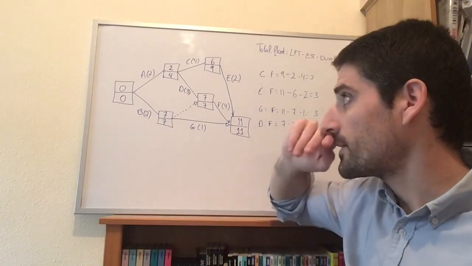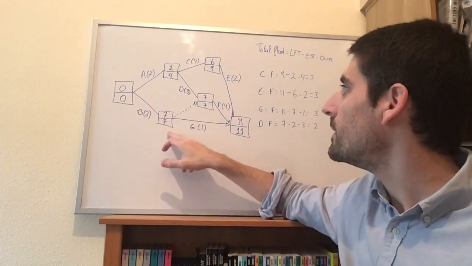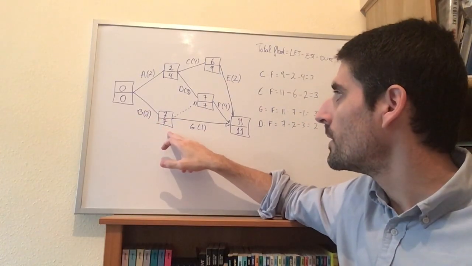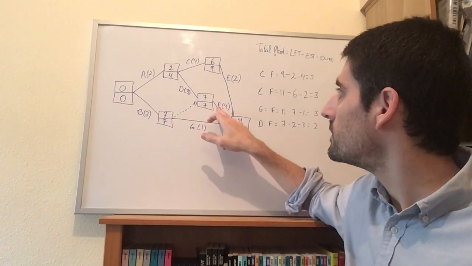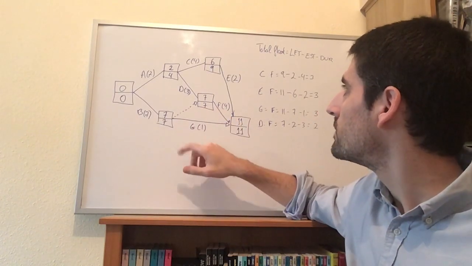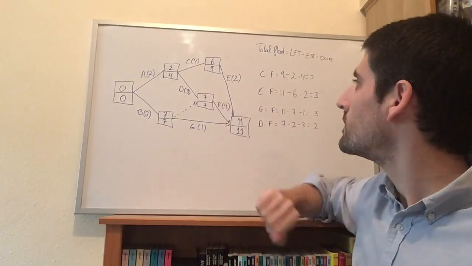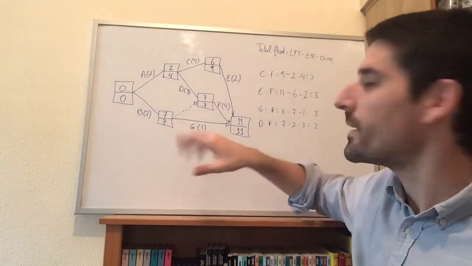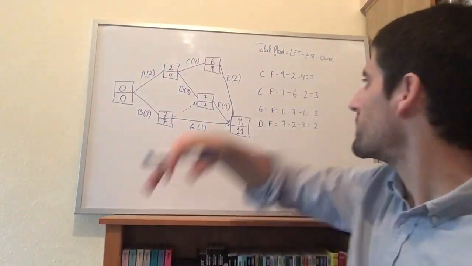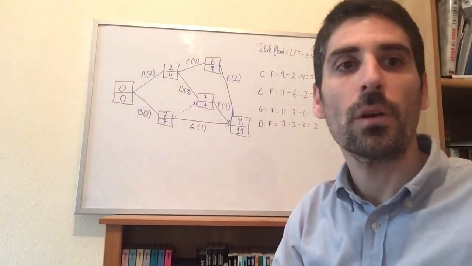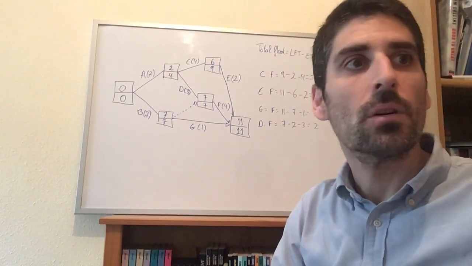So my critical activities are B and F, that's it. It was B and F, we saw from before. So the non-critical ones are here, and that's the float of each non-critical activity.